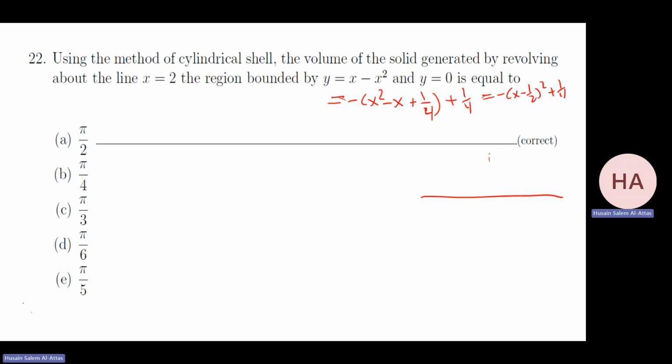So I have the vertex at half and 1 over 4. That will be my vertex, and it opens to the left and passes through the origin. That will be my parabola.